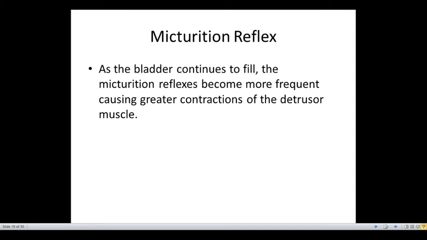As the bladder continues to fill, the micturition reflexes become more frequent, causing greater contractions of the detrusor muscle.